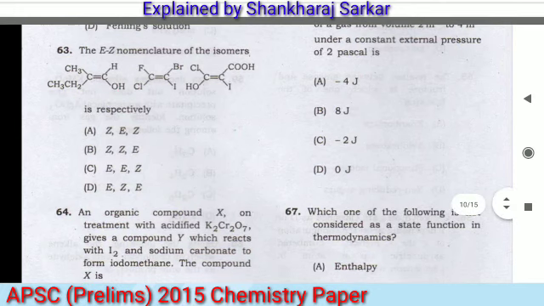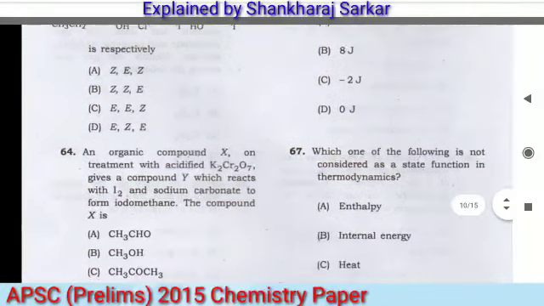Now in the next compound the high priority groups are in the same side, so it is also Z, and the last one, the high priority groups are in the opposite side, so it is E. So option B is correct.